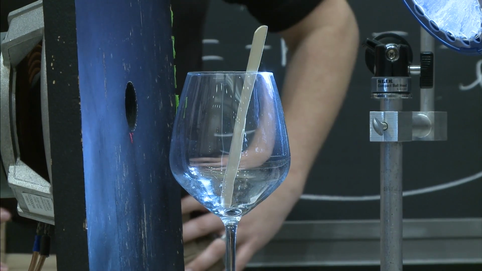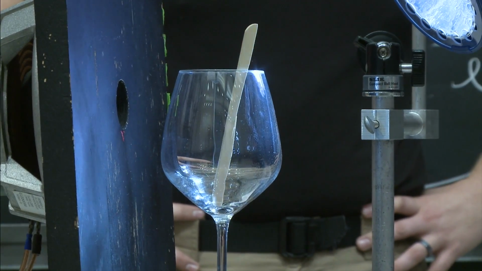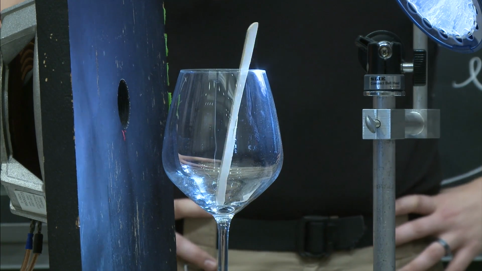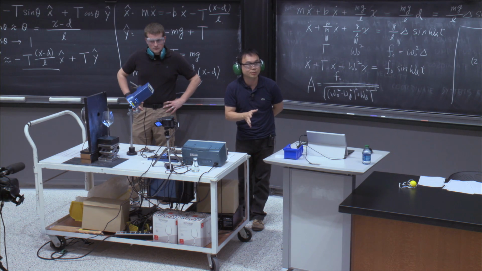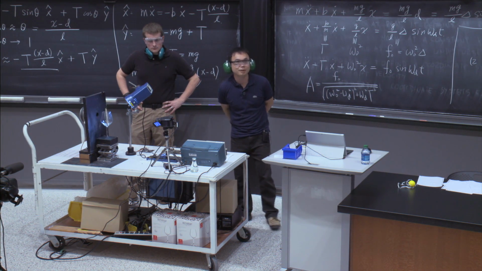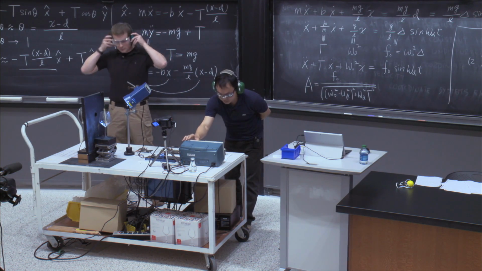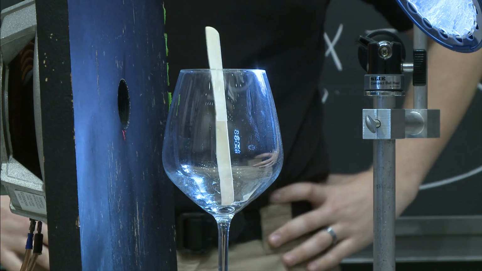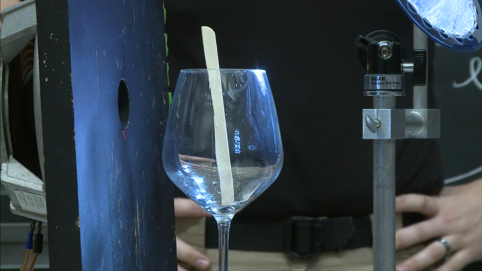Now you can see that it's still vibrating, and the next step is to increase the amplitude, increase the volume of the sound, and see what happens. Maybe you want to cover your ears just for safety. Then the glass may break if we are lucky.